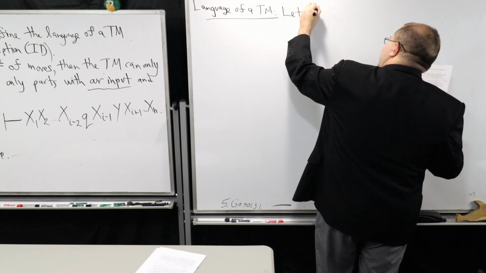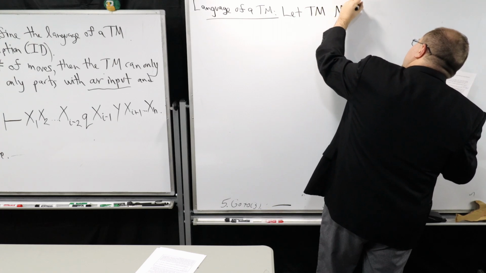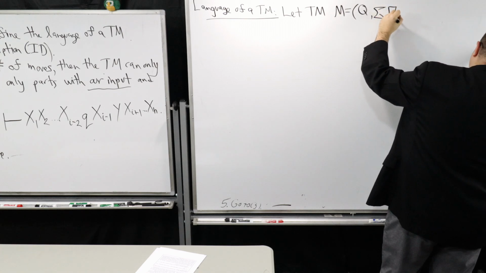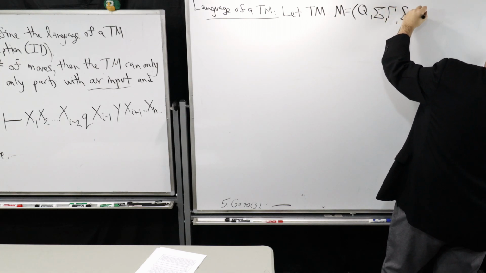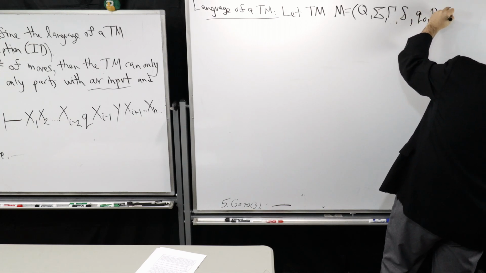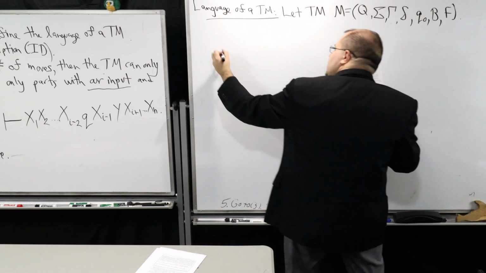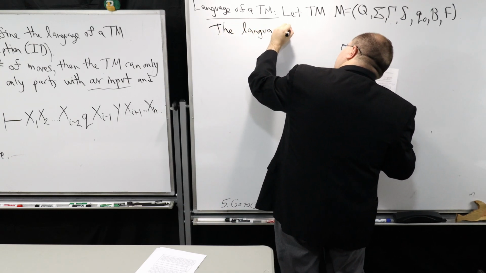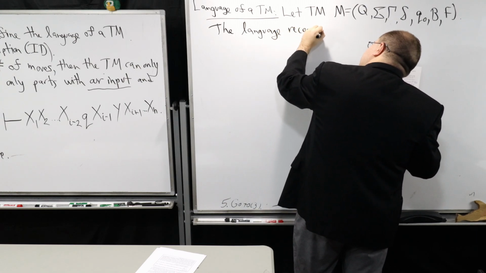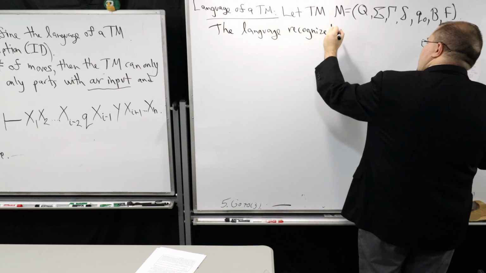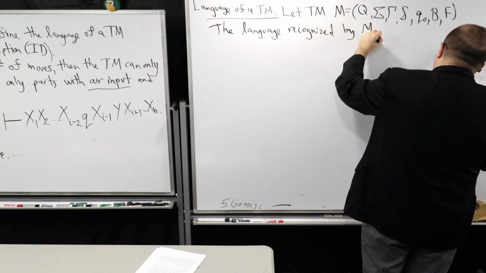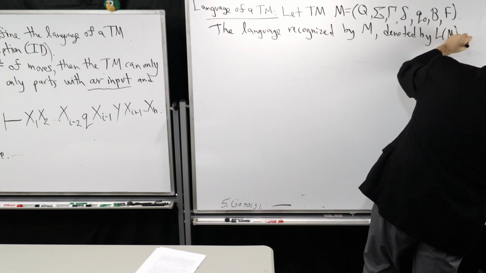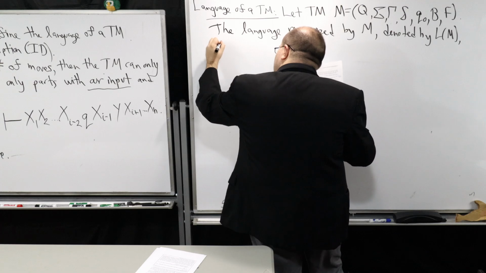Let the Turing machine M equal the following 7-tuple: Q, sigma, gamma, delta, q0, blank, F. The language recognized by M, denoted by L of M, is the following.